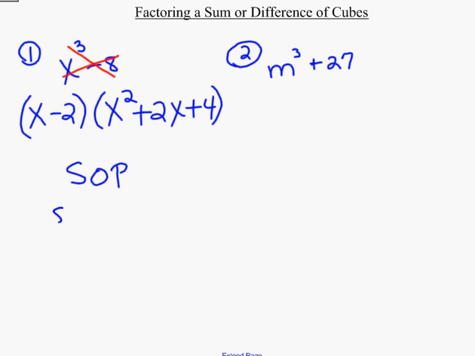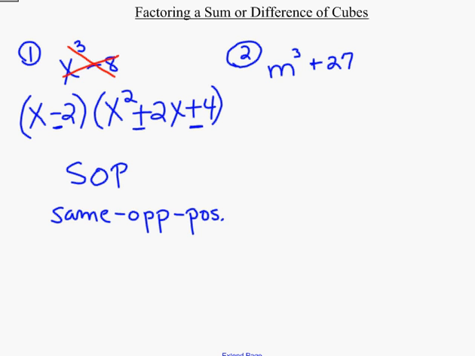That means same, opposite, positive. Same sign, opposite sign, positive sign. The last one is always positive because you're always squaring something to get it. And when you square something, you end up with a positive.